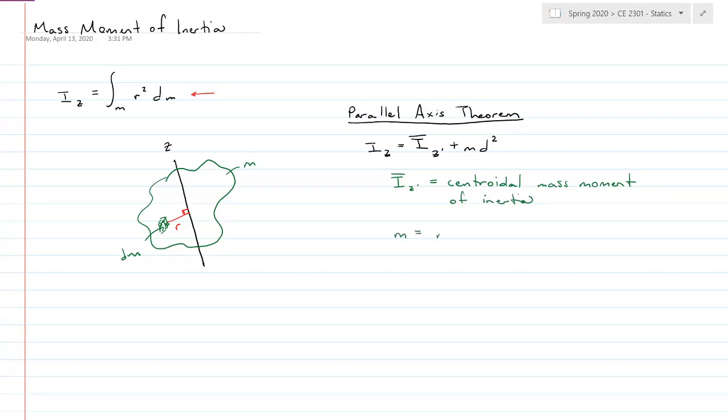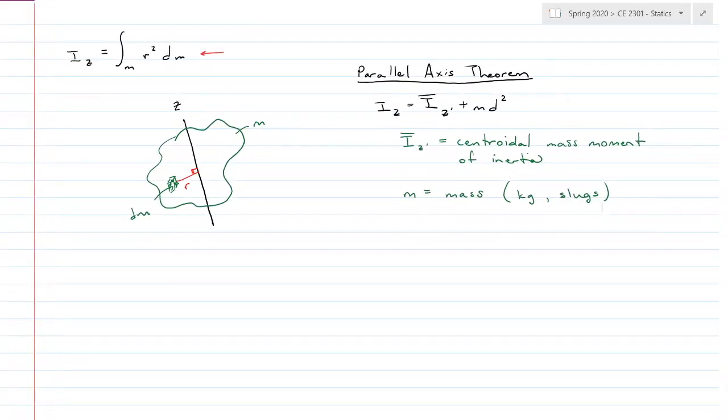M is equal to mass, and in this class that is either a kilogram or a gram or slugs. We do not do pounds mass in this class. It's either slugs or kilograms. And D is the perpendicular distance between, in this case, the Z and Z prime axes.